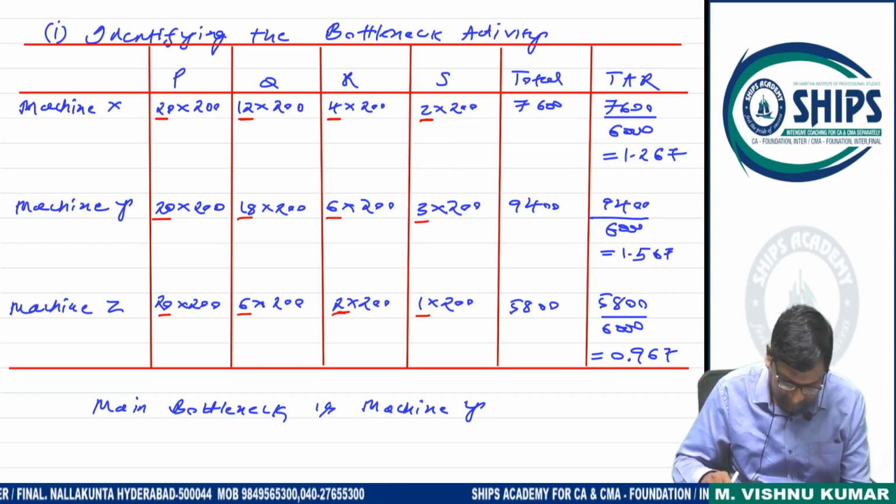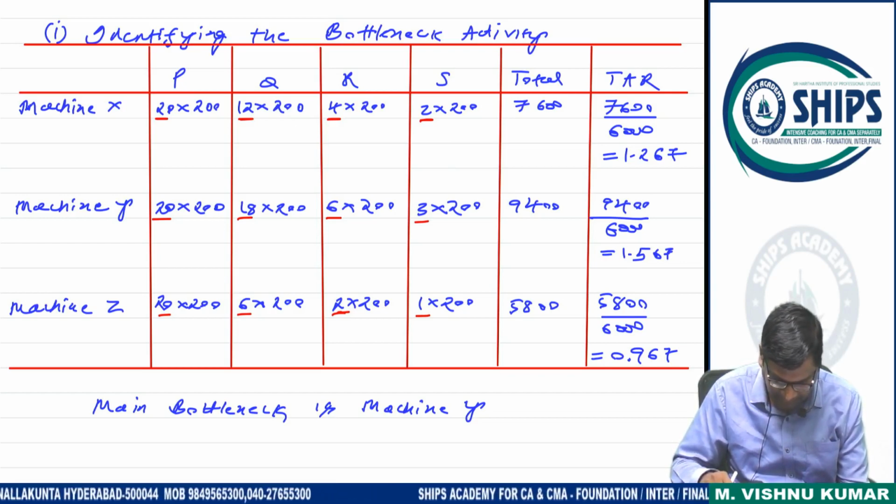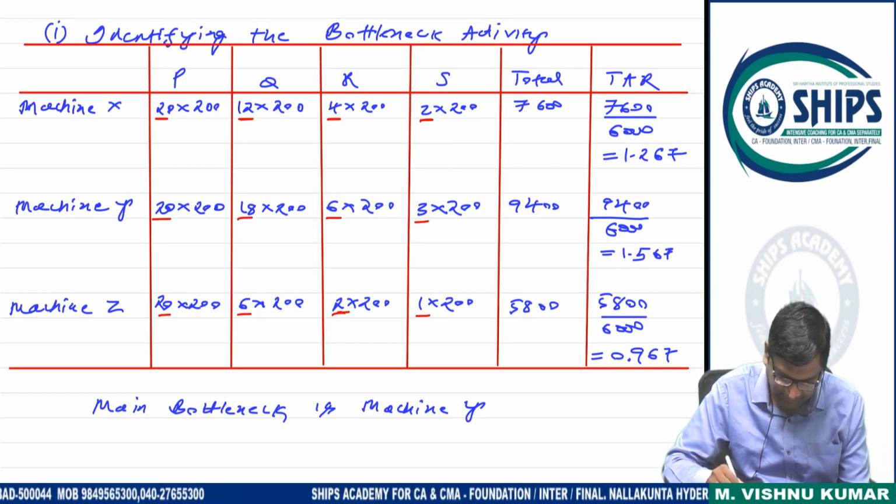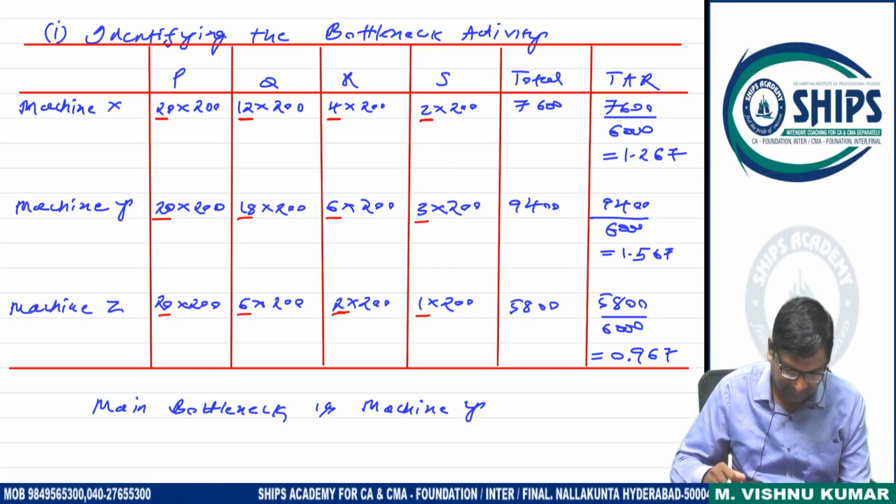Machine Z is not a bottleneck because available is 6,000, required is 5,800.